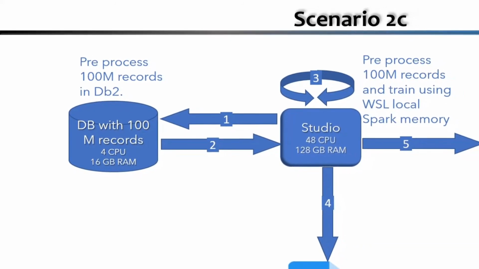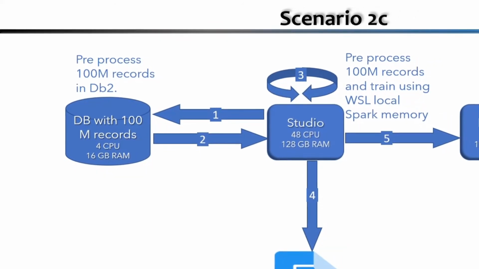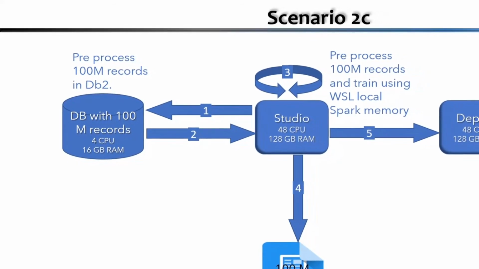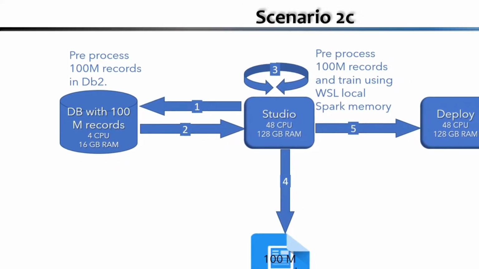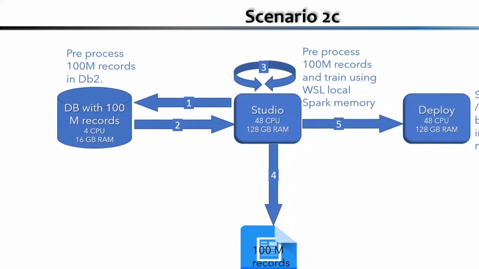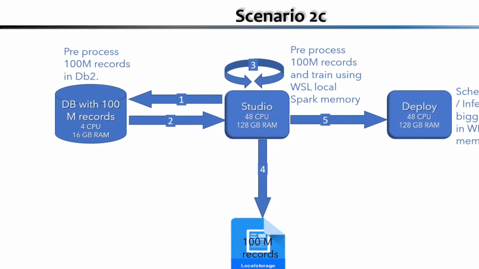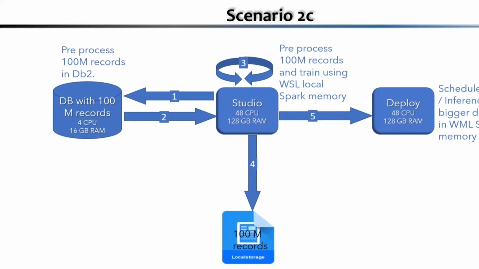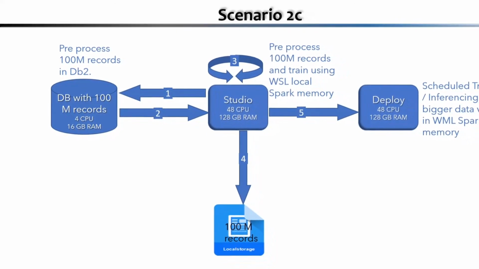On completion of the pre-processing steps, the result data, which is cleansed and probably aggregated, is then extracted from the database to the Watson Studio Spark, where the actual model training and fitting can be done, and then the results are stored in local storage. And then, like in the previous cases, once we are happy with the accuracy of the model from this training exercise, we can deploy the model in a Watson Machine Learning environment for batch scoring or for training with bigger sets of data.